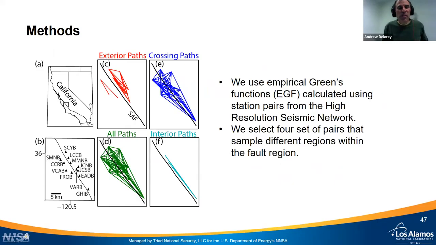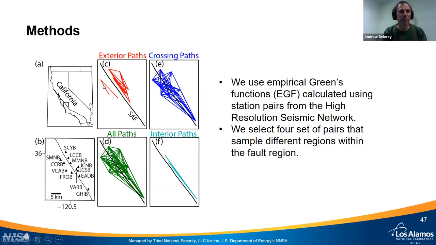I also look at this over different paths to try to get a spatial distribution of the behavior. So this is along the San Andreas Fault. The vertices of these lines here are where the stations are. I have exterior paths, which are sampling the Earth somewhat away from the fault, a few kilometers away. Then the crossing paths, all paths, and interior paths.